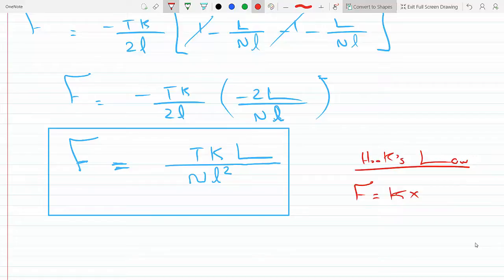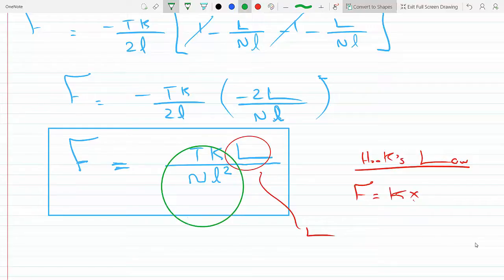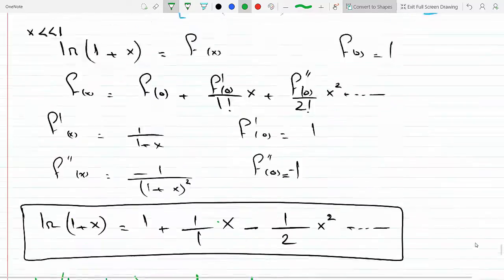So x here is L, and this guy here is the spring constant. This is our ks. Exactly what Hooke's law demands.